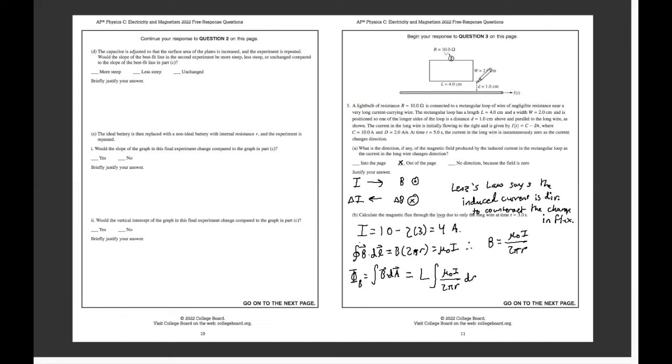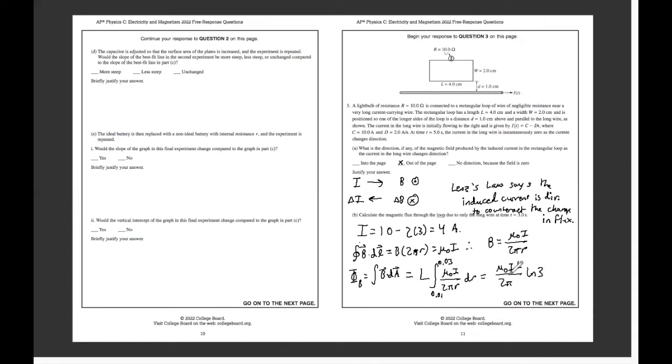How big is R? Well, it's going to be from 1 to 3 centimeters, so 0.01 to 0.03. The way I know that is because the lower edge of the rectangle is at 1 centimeter, and the higher edge is at 3 centimeters right there. So integrating that, I get mu naught I L over 2 pi natural log of 3.